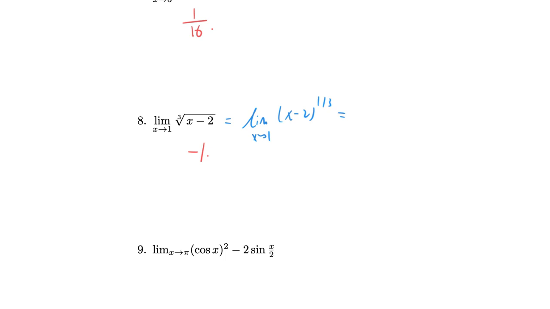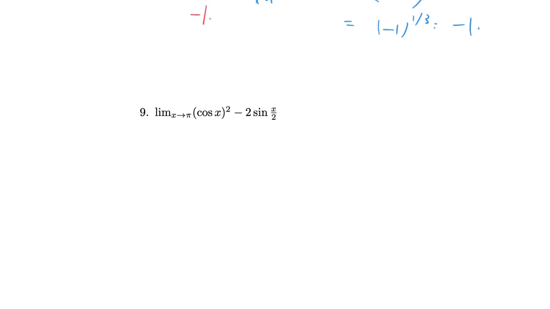And then what you can do is you can pull this 1/3 exponent out per the properties of limits like this. And what then you're going to get is that you can evaluate this part, or you can further separate that, but I'm not going to do that here. And that's going to give you negative 1 to the 1/3, and that's going to give you negative 1, as we have here.